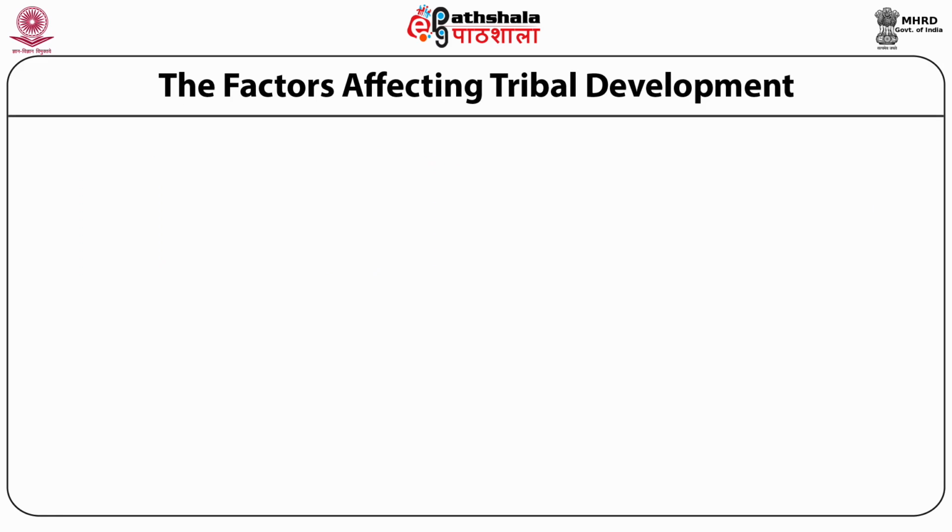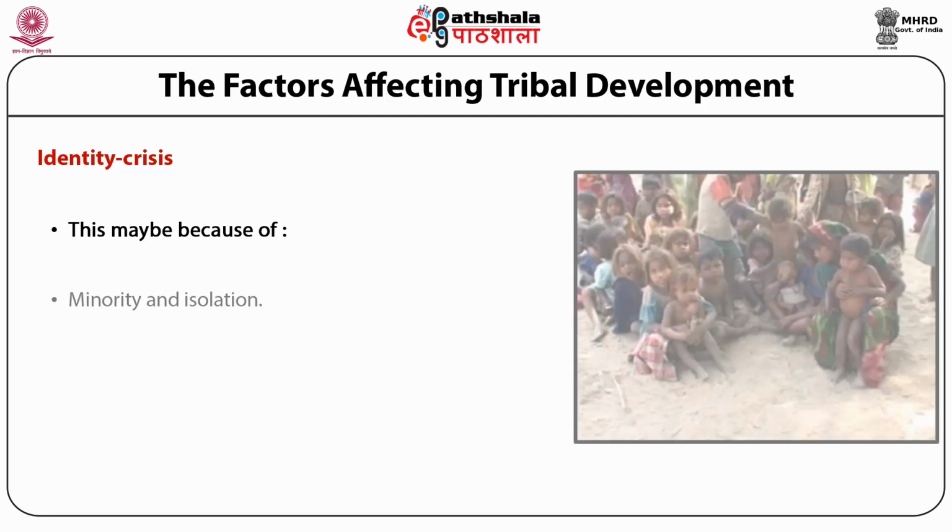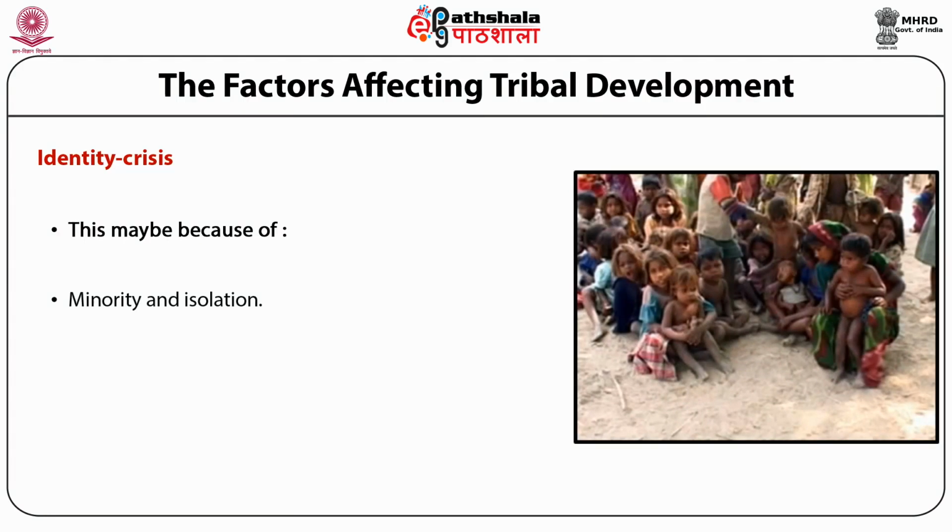There are various problems in tribal development, and we discuss one of the problems, that is the identity crisis taking place among the tribals. An identity crisis may be because of minority status and isolation, and also the intermixing of tribals with other tribal groups or other groups, because of which they are losing their cultural identity.